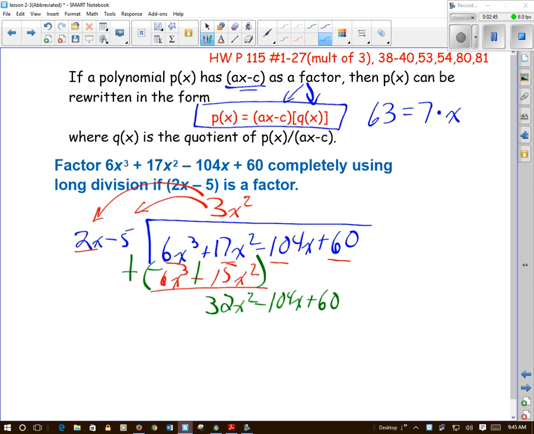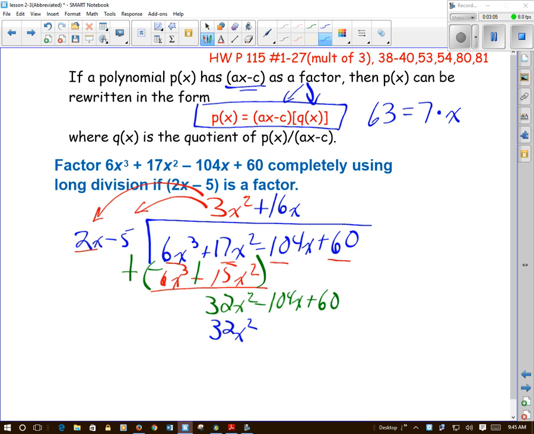So we see that to get 32x squared, we're going to have to multiply by 16x. So I put a plus 16x here. Distribute again. It's going to give me 32x squared, as it should. Always check and make sure that really is what it needs to be. Don't just assume.